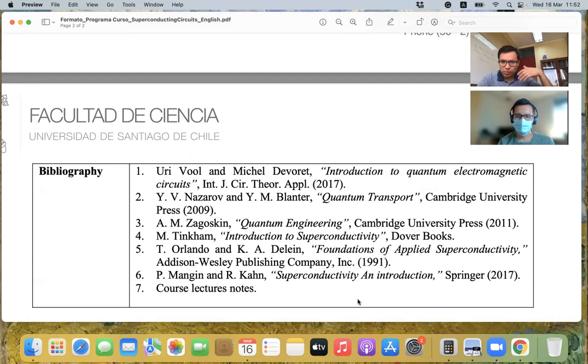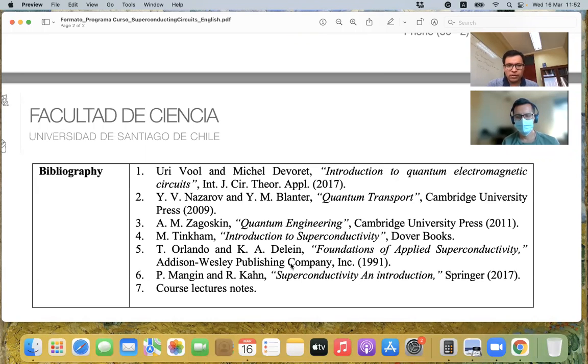Then start to appear, for instance, the London theory for explaining the Meissner effect. So there is a very nice book where you can really follow the history of how superconductivity was developed. And so I suggest this book number 6 to start.